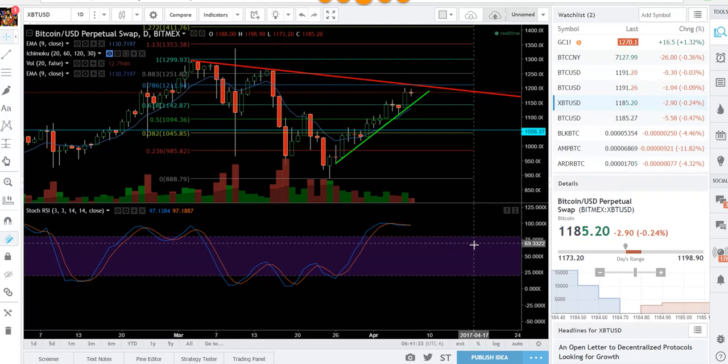Now I use the stochastic RSI on all time frames to tell me how much strength a move could have behind it in that relative time frame.